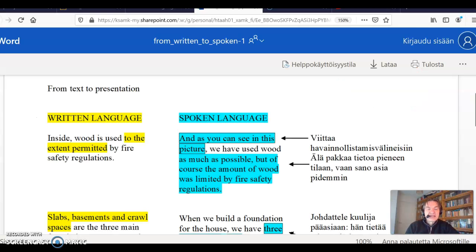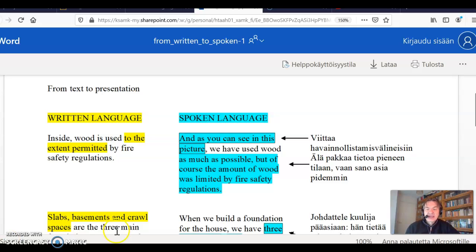On the left-hand side, the yellow text is the written language, the written text where you have taken the information. This can be, for example, from a company homepage or some product information. In the middle column, the turquoise text, you can see how you could say that in a good way in your presentation.